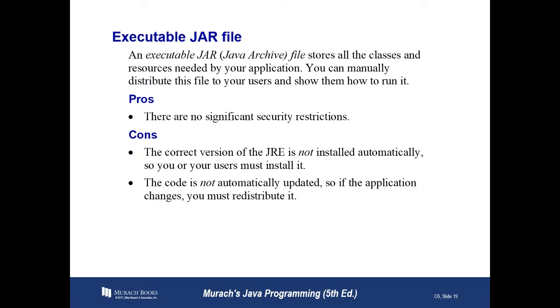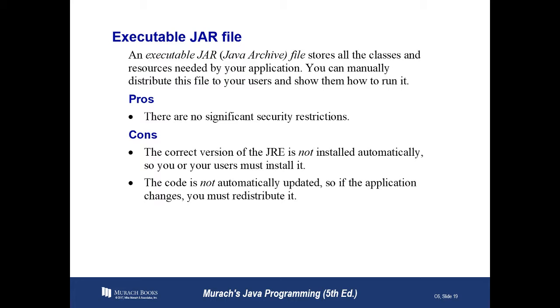When we have our application all debugged and tested, we're ready to distribute it and give it to others. One option that we have for distributing our application is creating an executable jar file or Java archive.